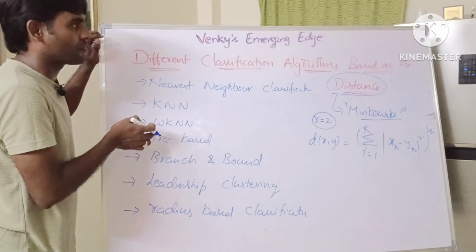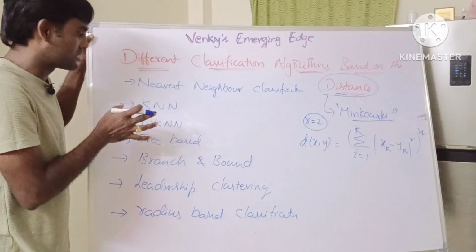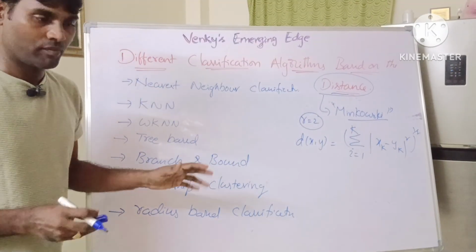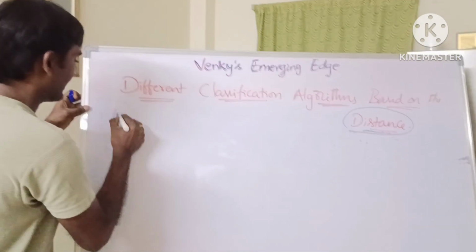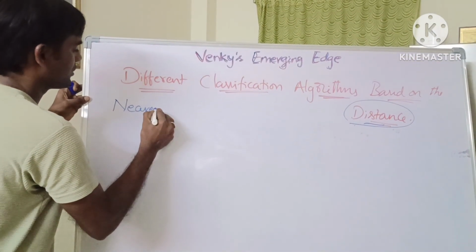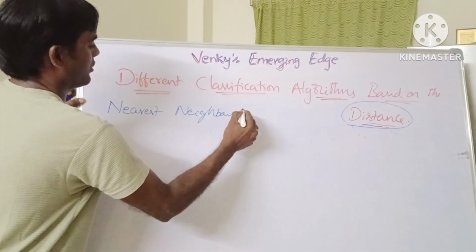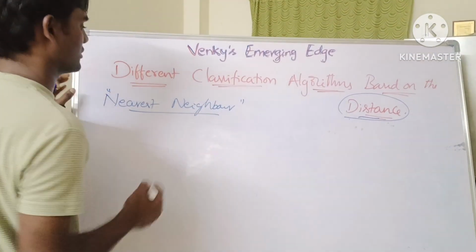These are different types of classification algorithms. Now we discuss each and every algorithm with the problem sums. Okay. First one, nearest neighbor classification.